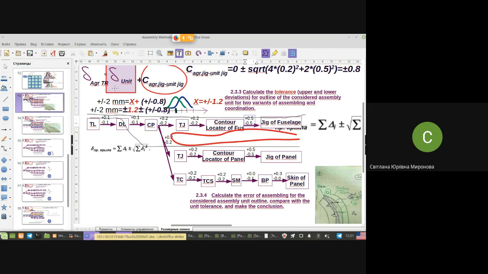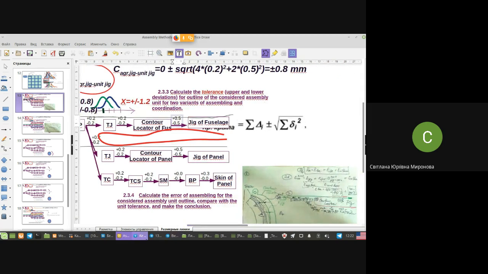Right now we're talking about jig mounting by template. It's the so-called template method, and approaches differ with the origin of coordination. Here you have the system, the old-fashioned way, and you have a system of lofts in this example in order to provide coordination. So the whole method is called the loft template method in this case.